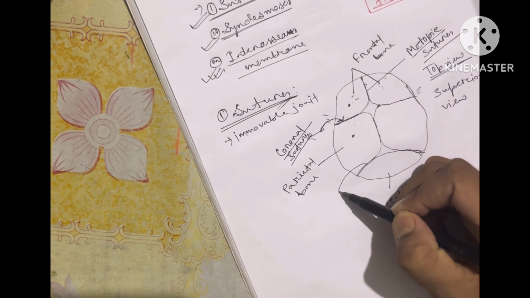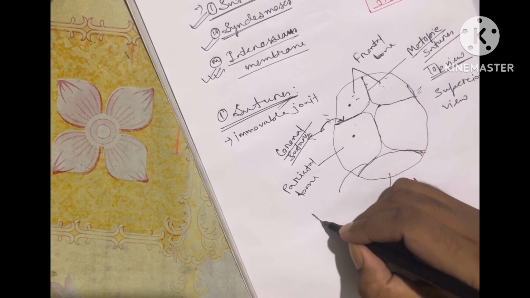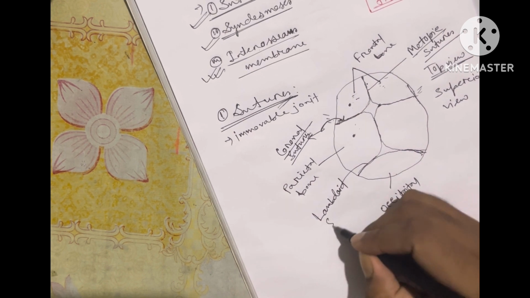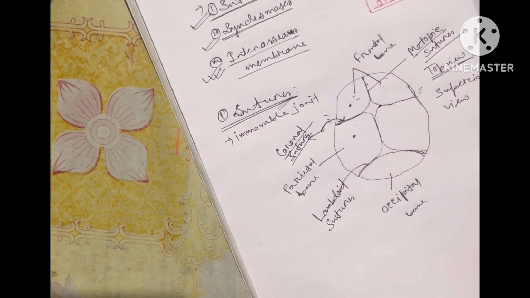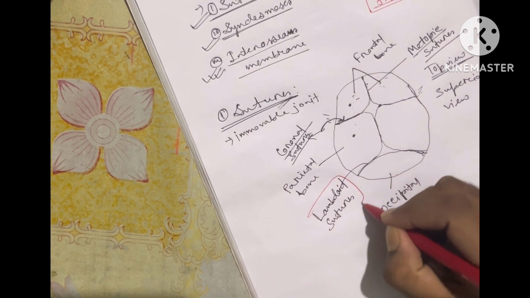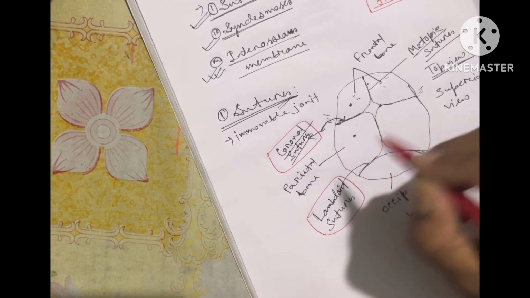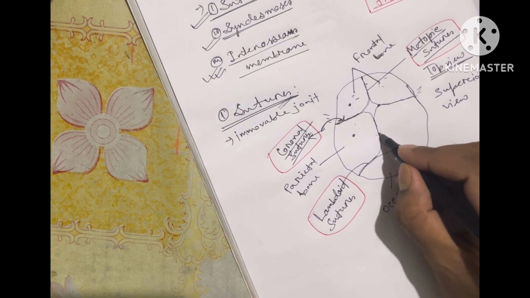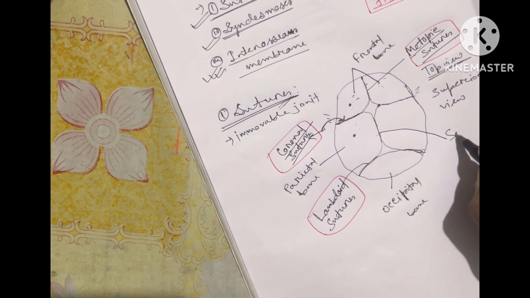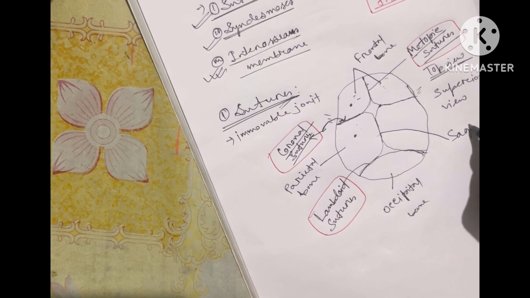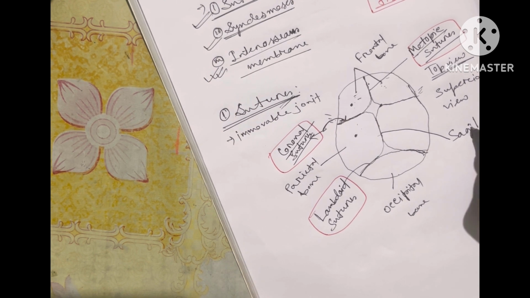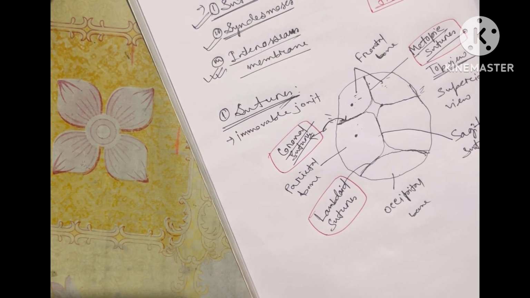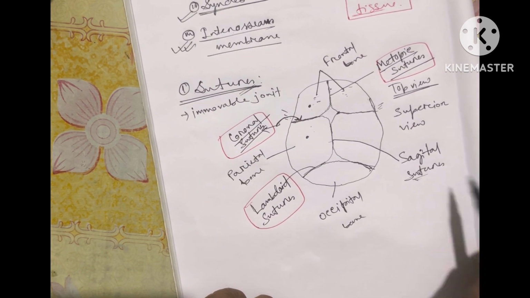What is the name of that suture? This is called the lambdoid suture. So these are the various kinds of sutures present in our skull. What is the name of this one? This is called the sagittal suture.